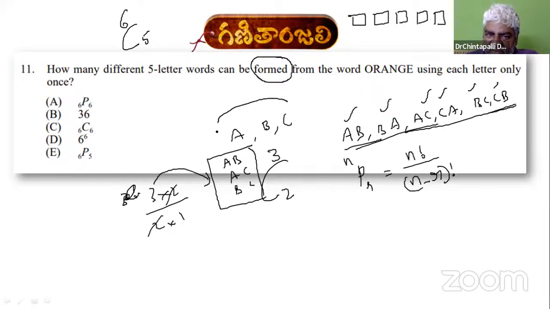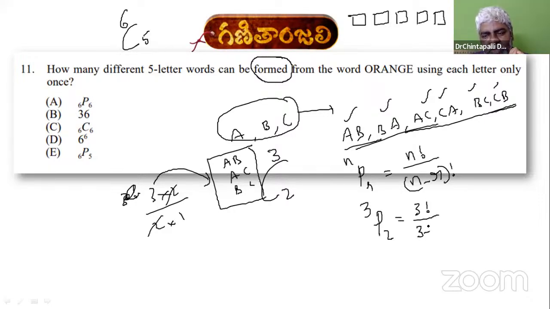See, 3 things are given. We are asked to arrange 2 things out of 3 things, right? It's 3P2. P means arranging, C means selecting. What's the value of 3P2? 3 factorial by 3 minus 2 whole factorial.